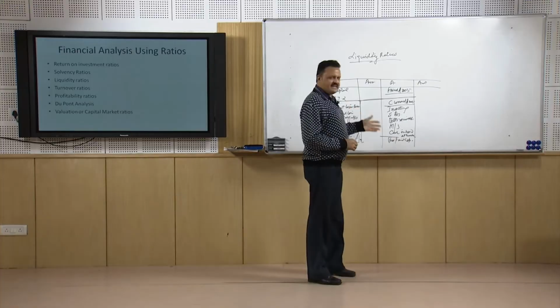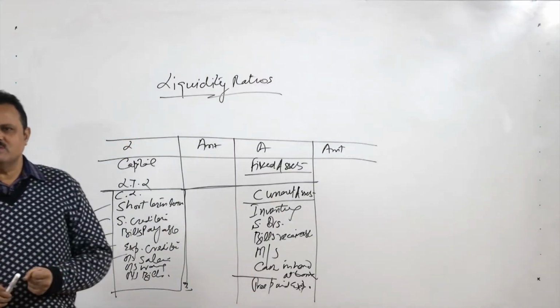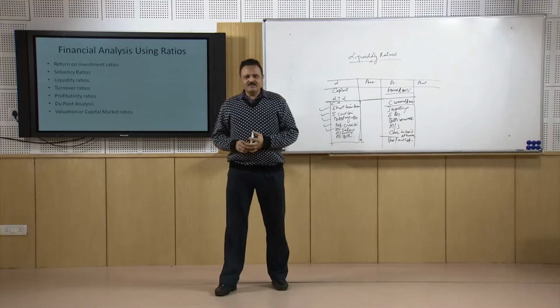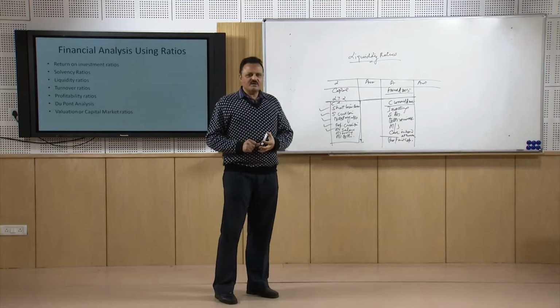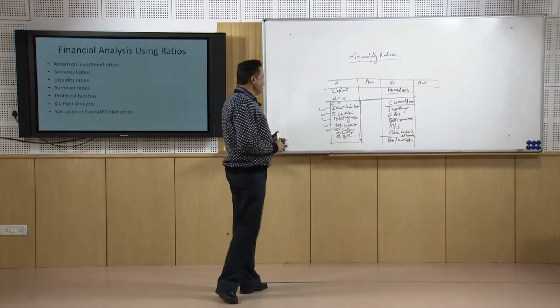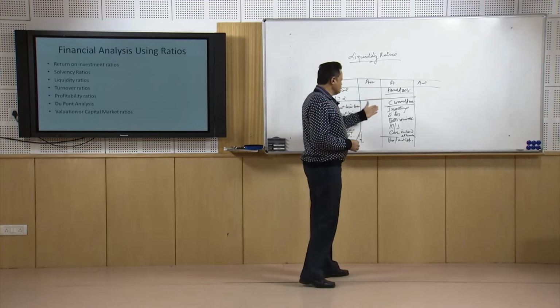So, sundry debtors are also almost cash, they can be easily converted into cash provided we have sold our goods to good quality, credible buyers, then there is no issue, there is no problem as such.